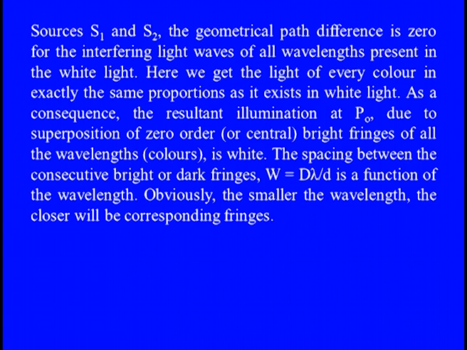Here we get the light of every color in exactly the same proportions as it exists in white light. As a consequence, the resultant illumination at P0 due to superposition of zero order or central bright fringes of all the wavelengths is white.